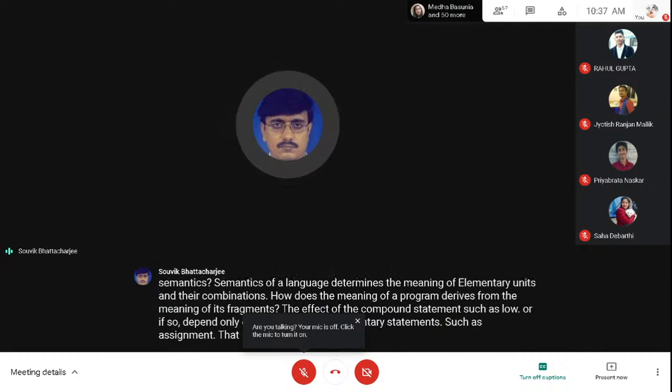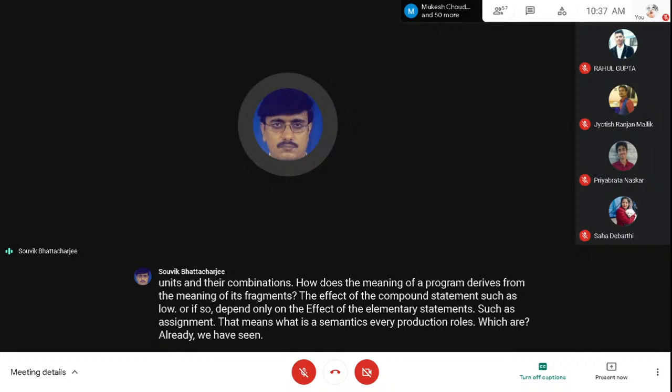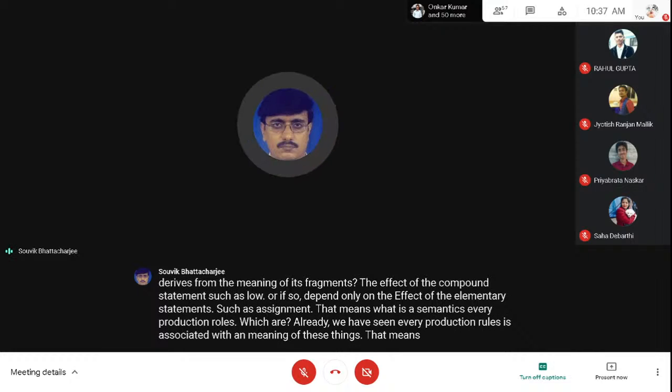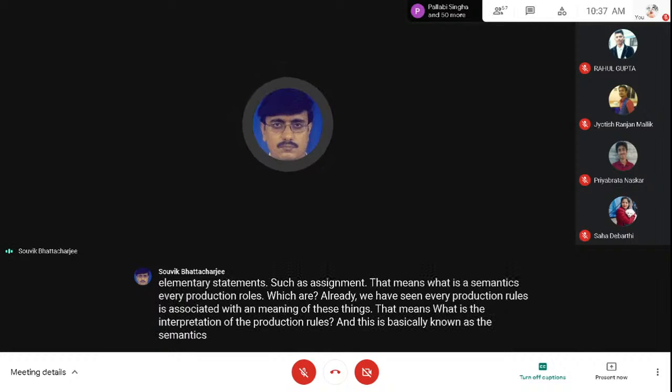That means every production rule, which we have already seen, is associated with a meaning. This interpretation of the production rules is basically known as the semantics of the language.